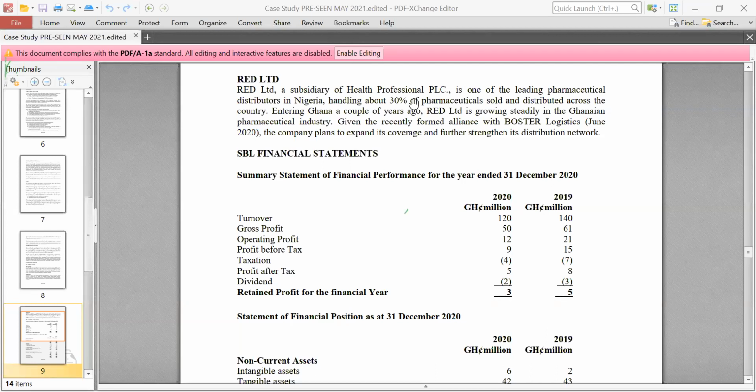Okay, so you take out any operating expenses. They haven't given us operating expenses, but when we look at this, we can tell in 2019 the operating expenses was 40, which is 61 minus 21.